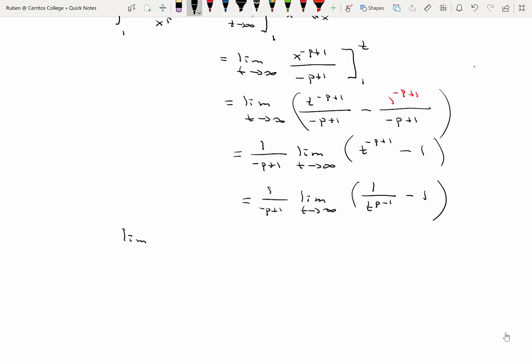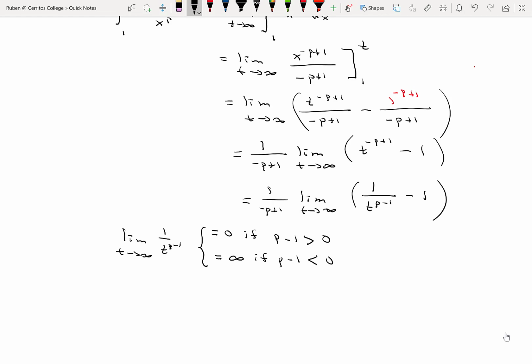So the limit of just the 1 over t to the p minus 1 as t approaches infinity is going to equal one of two things. It's going to equal 0 if p minus 1 is positive, and it's infinite, that limit doesn't exist, if the exponent p minus 1 is negative.